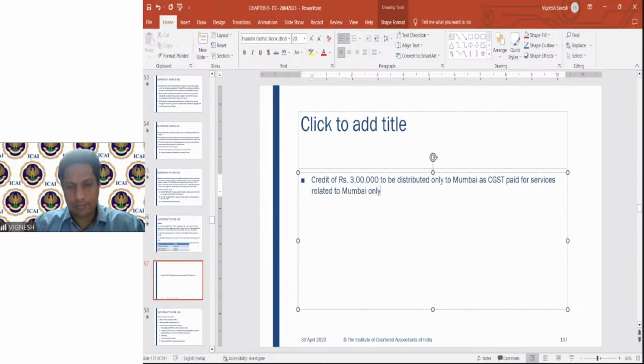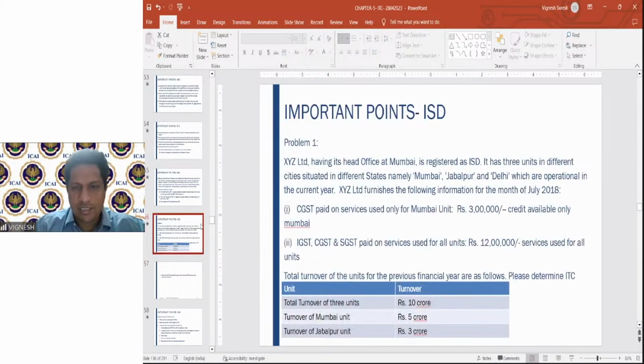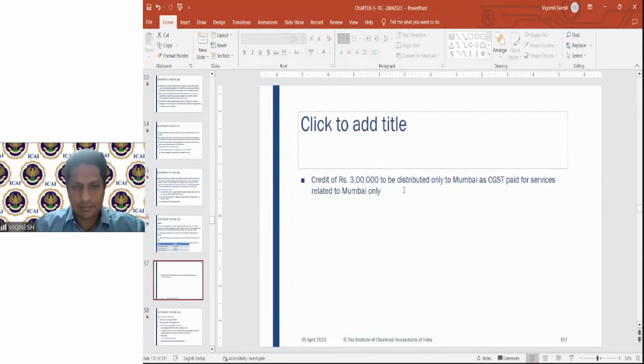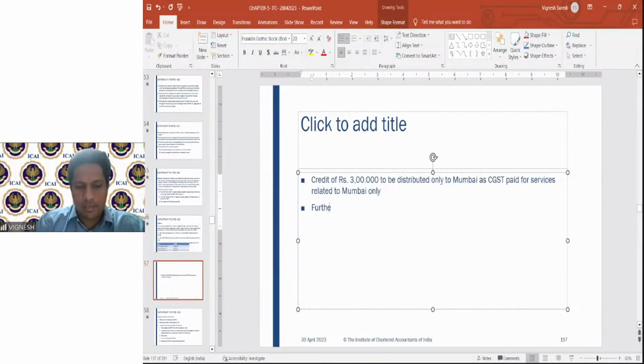Then further, IGST, CGST and SGST is rupees 12 lakhs for all units. So ITC is to be distributed on the basis of turnover.